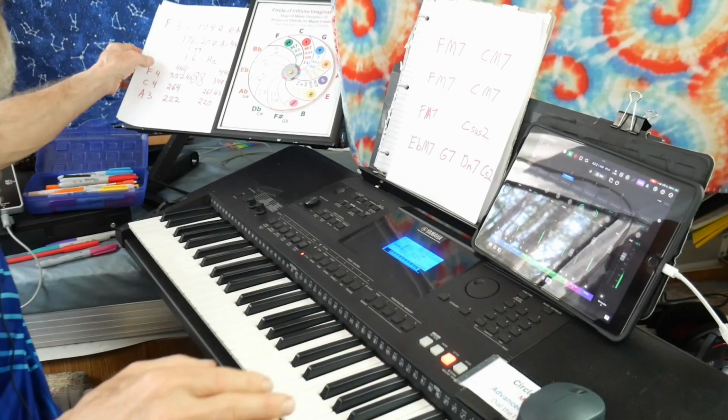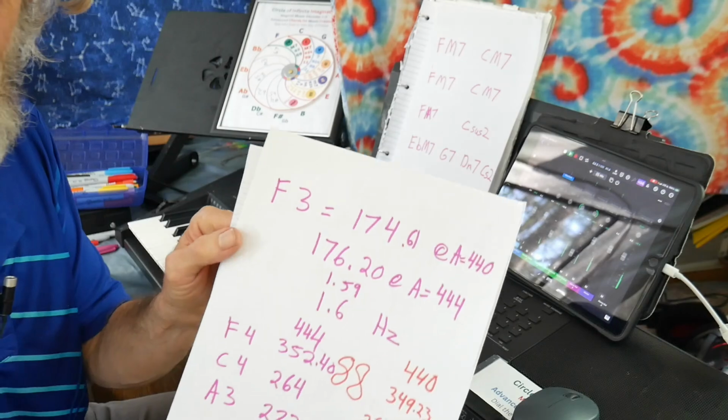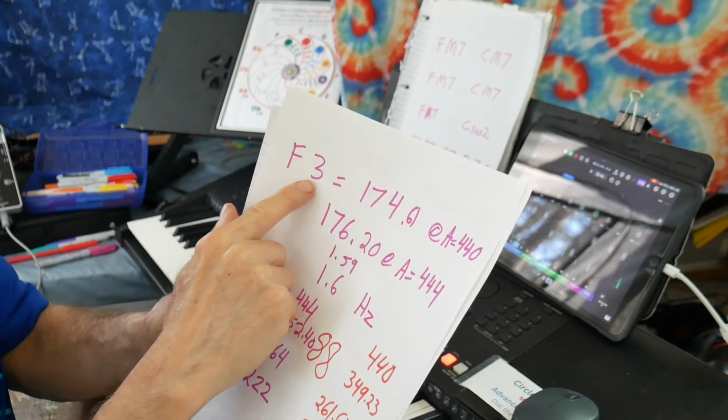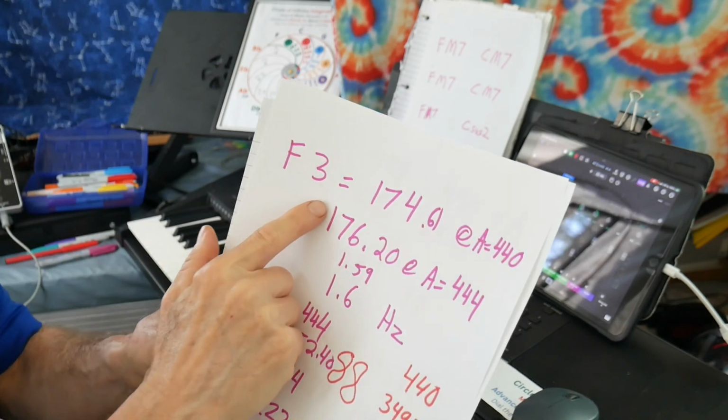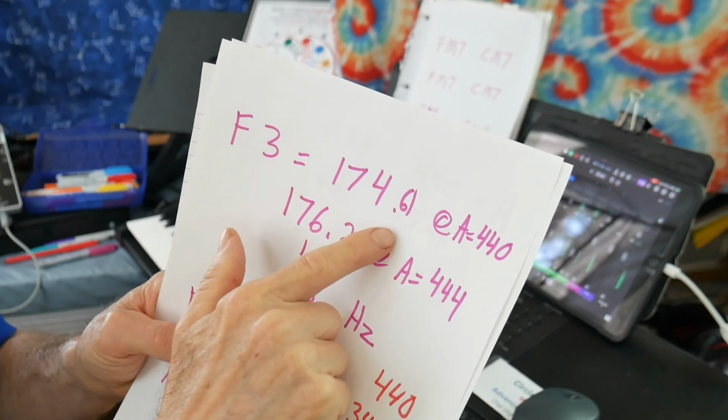So anyhow, I wrote this song. Now notice F major 7 is my first chord, right? So I went into some spreadsheets and I checked the frequencies of an F3, F in the third octave, when A equals 440, it happens to be 174.61.